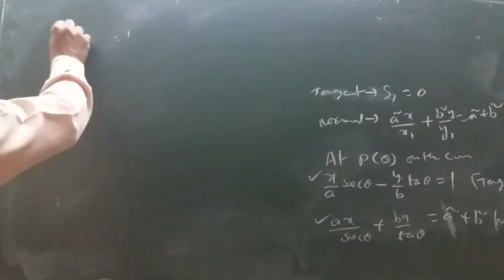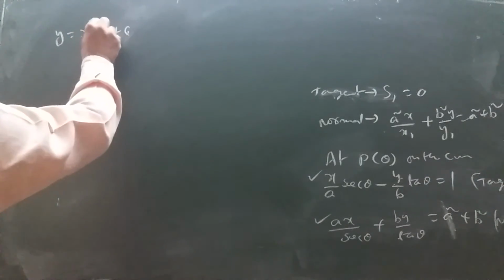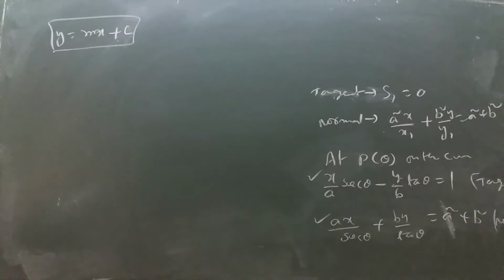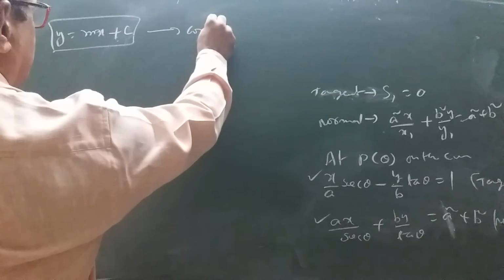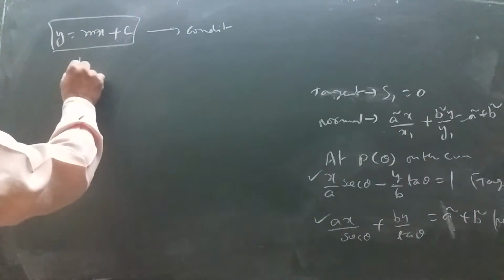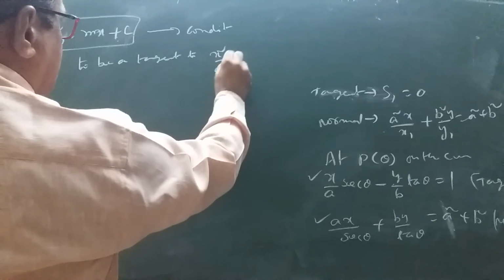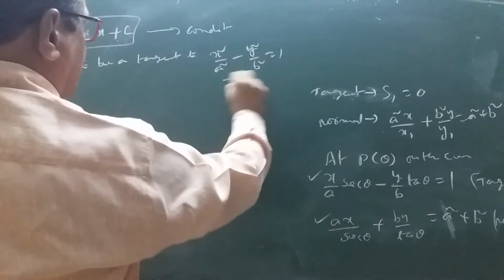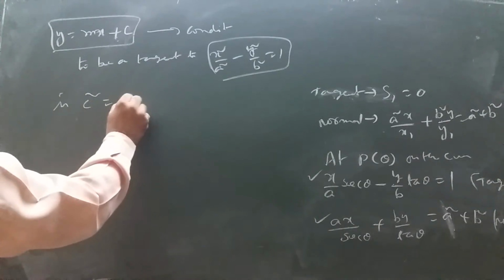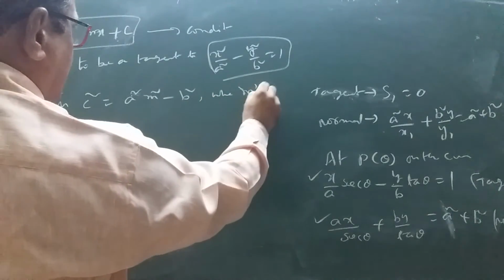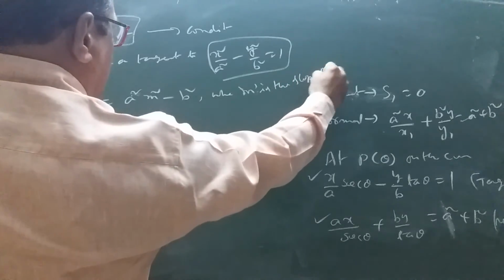If y is equal to mx plus c is a straight line with slope m and c is the y-intercept, the condition to be a tangent to the hyperbola x square by a square minus y square by b square is equal to 1 is c square is equal to a square m square minus b square, where m is the slope of the tangent.